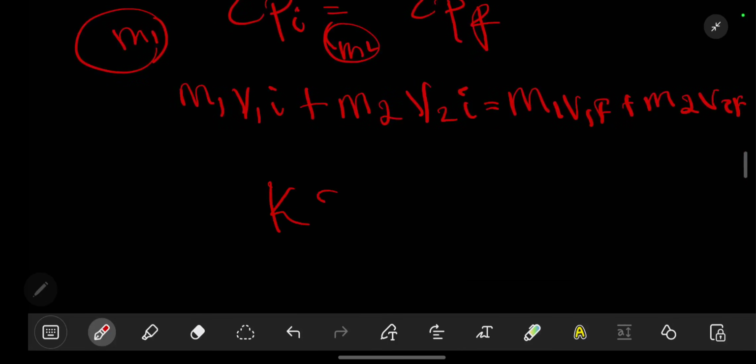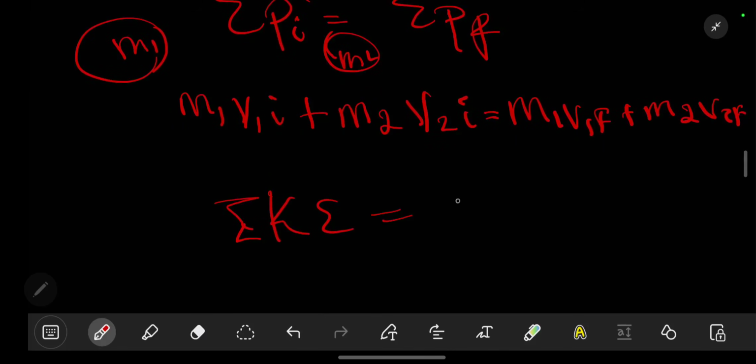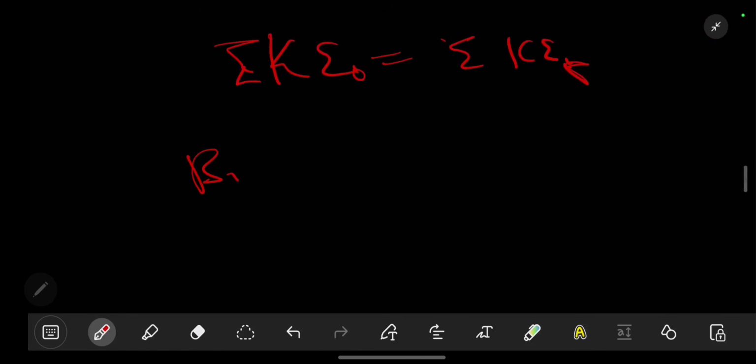For kinetic energy, for the summation of kinetic energy, we do not use the whole formula, but we are going to deduce. After coming up with everything, they concluded it by using the relative velocity formula, the summation of kinetic energy. So this yields what we call the relative velocity.